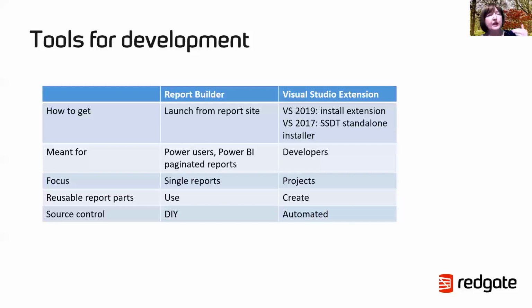So the tool that we are going to focus on in this class is the Visual Studio extension. In Visual Studio 2019, you install it as an extension. In Visual Studio 2017, there is a standalone installer called SSDT that installs Report Server for you. That is actually the easier way to do it because it's one step instead of a couple of steps. Now, maybe in the future that will not be around.